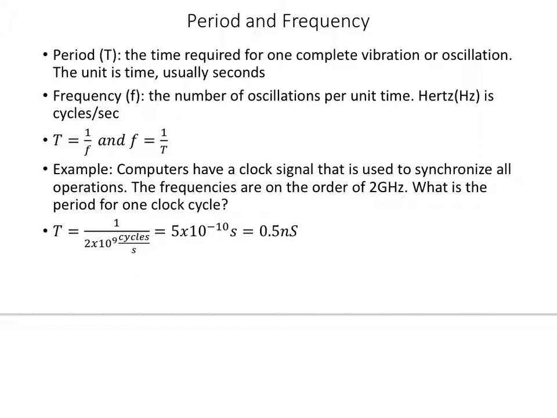Take the reciprocal of that, you get 5 times 10 to the minus 10 seconds. By the way, this cycle here usually just drops out of the units. You might say seconds per cycle, but it's usually just written as seconds. And then that is 0.5 nanoseconds.